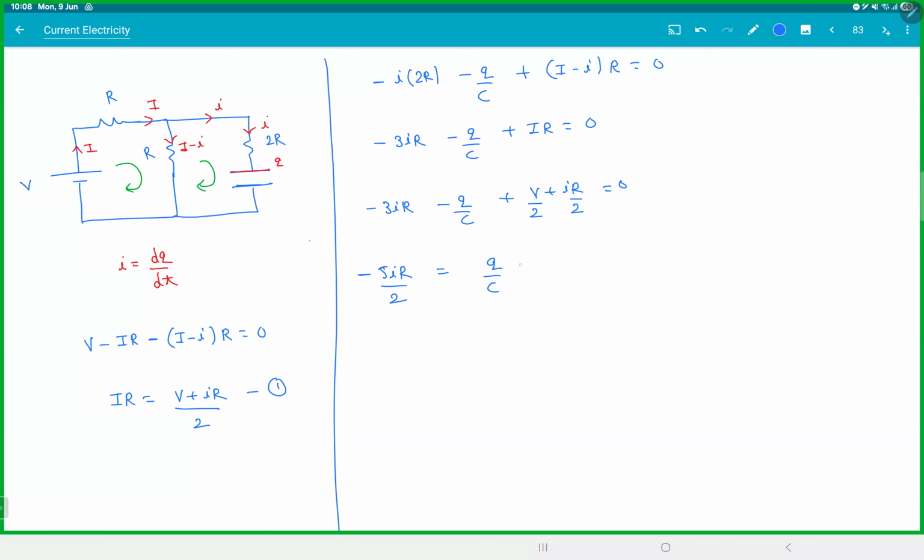This will be Q by C minus V by 2. This is (2Q minus CV) by 5RC, with a minus. So this is dQ by (CV minus 2Q) equals dt by 5RC.